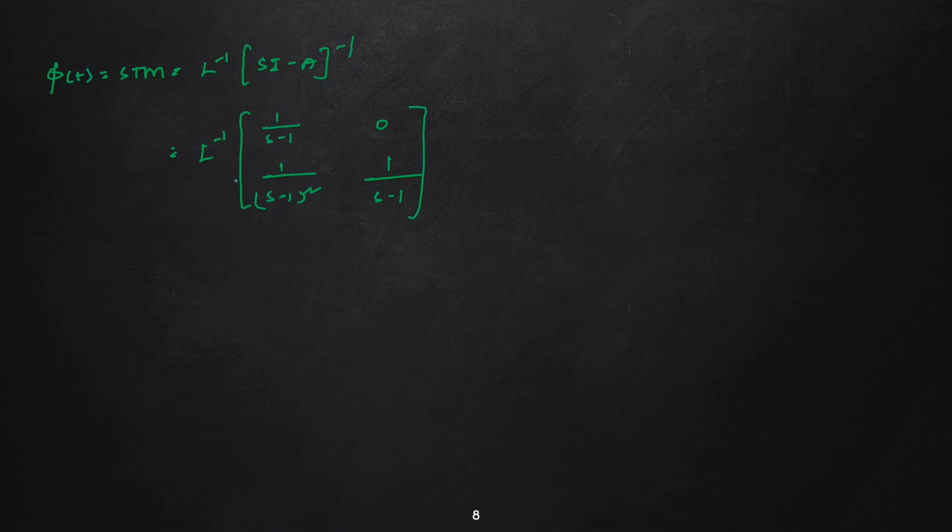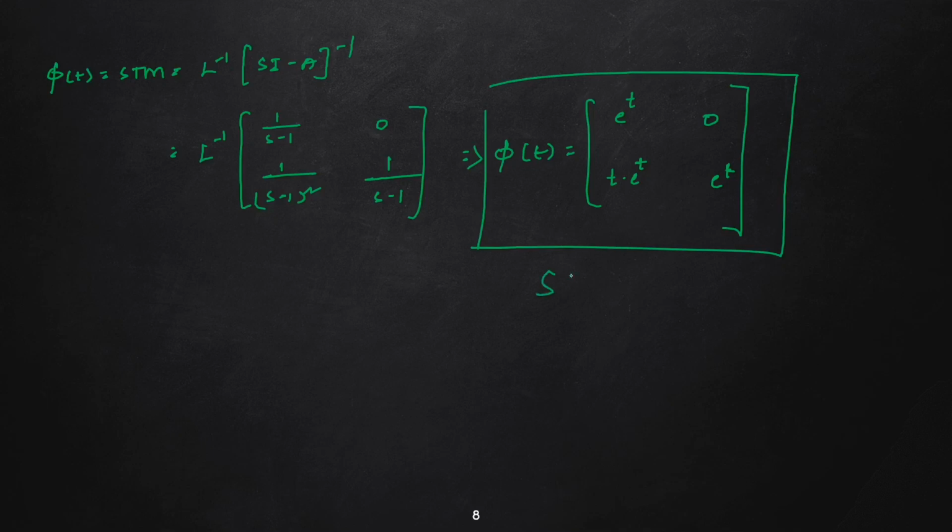Applying the inverse Laplace to this whole matrix, according to the first shifting theorem, we will get phi of t equals e power t, here 0, t into e power t, and here e power t. So this is called the state transition matrix, STM, for the given state model.